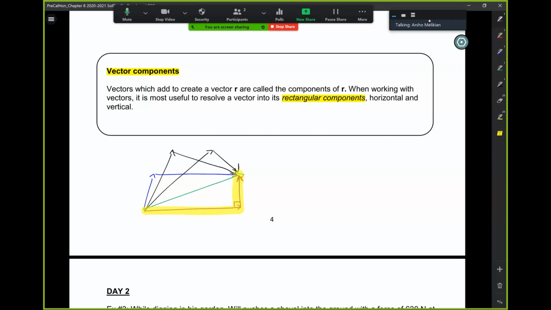What I just did here is I resolved a vector into its rectangular components. Now I have a vector x and a vector y.